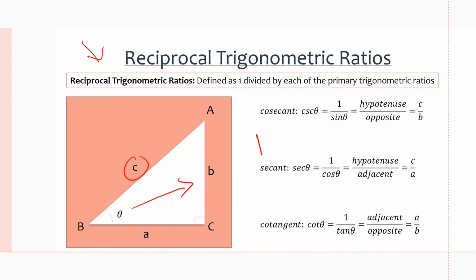Then we have secant, and the ratio secant, which is represented by SEC theta, is 1 over cosine.